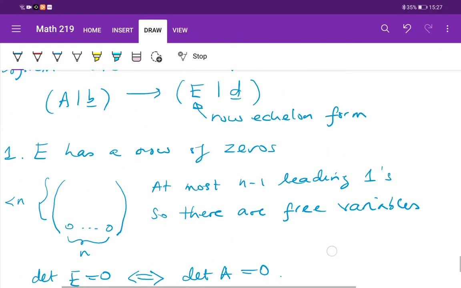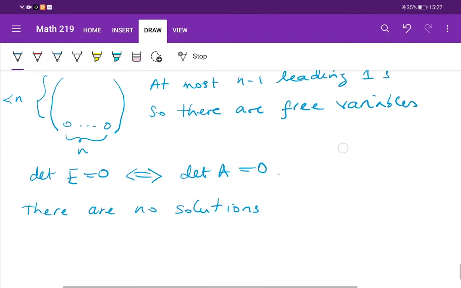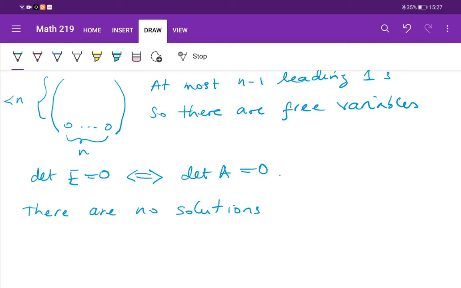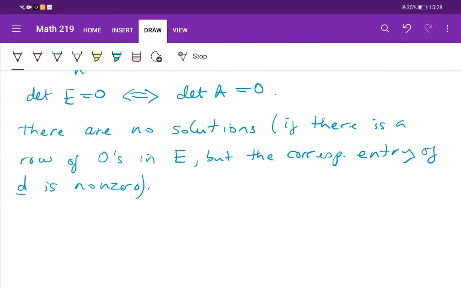When you transform it, if you have a row of zeros in E, but the corresponding entry of D is non-zero, then the system is inconsistent and we have no solutions. This is the inconsistent case.